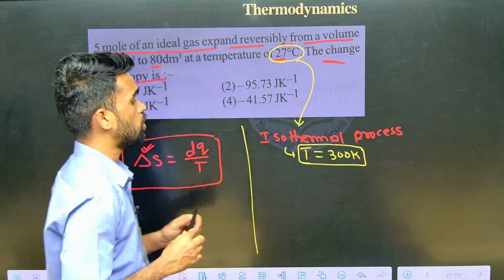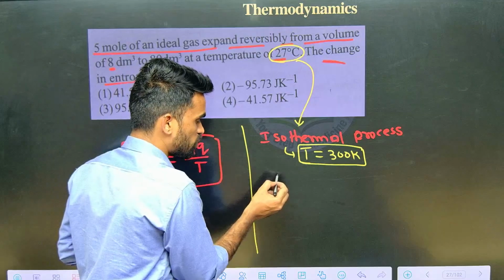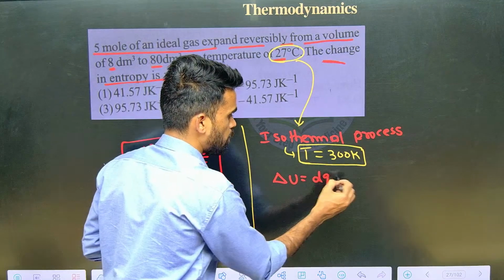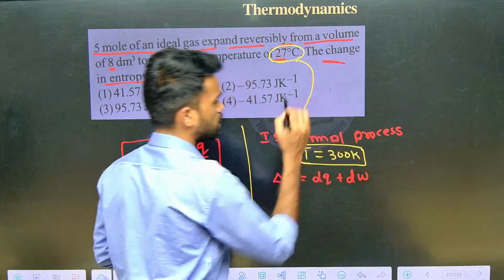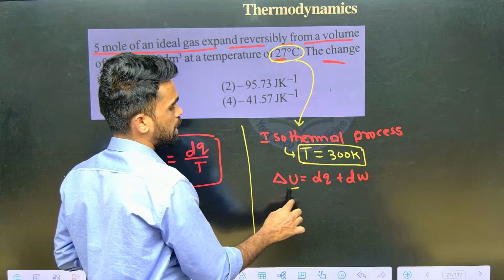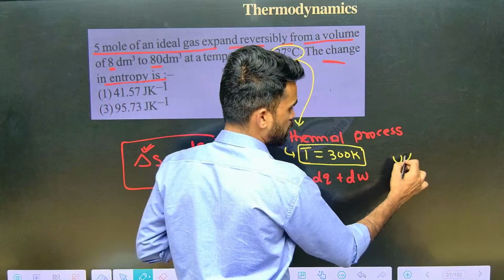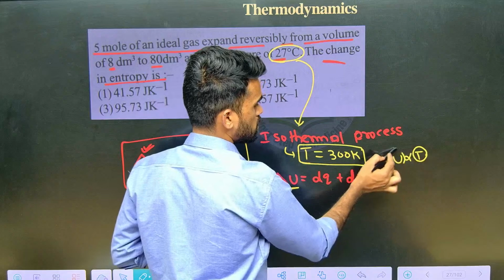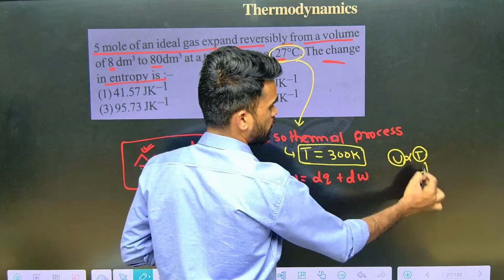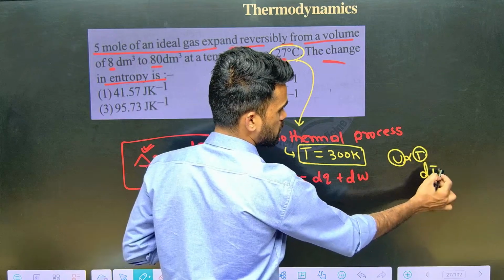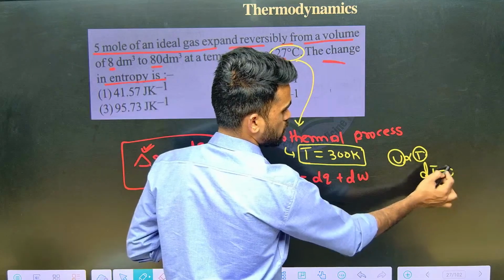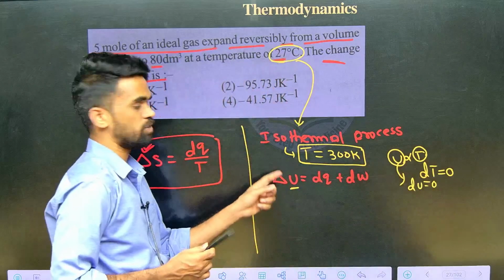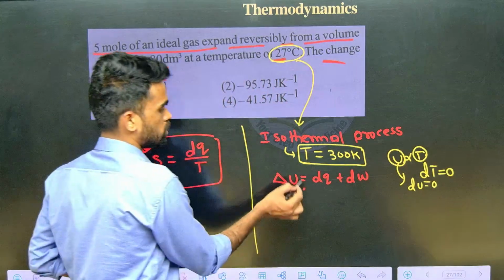Now you can use the first law of thermodynamics, dU equals dq plus dW. We know internal energy is directly proportional to temperature, but here temperature is constant, so there is no change in internal energy. So dU is 0 for this isothermal process.